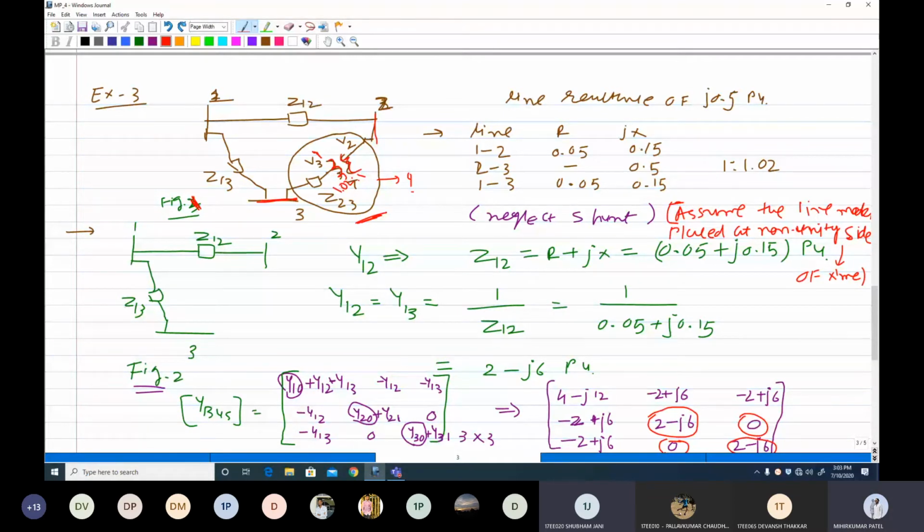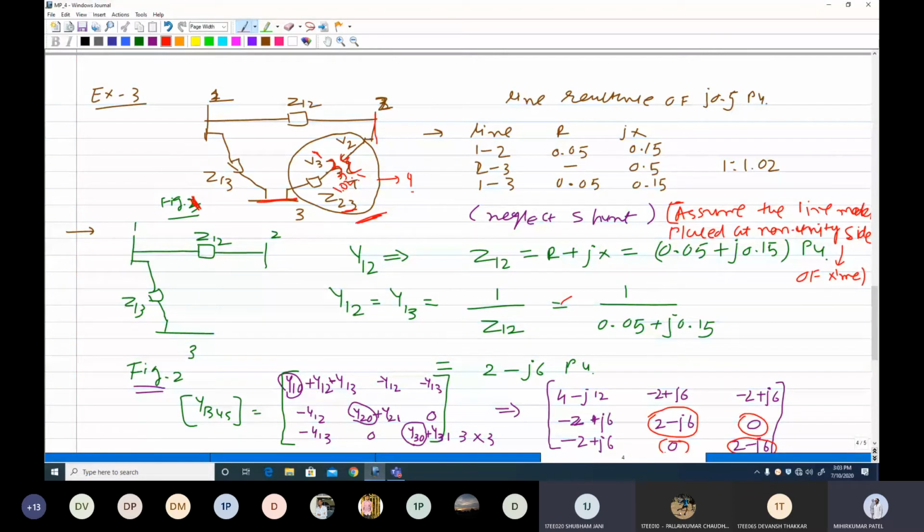Z23 and Z3. Here we are talking about this bus, this transmission line. So the admittance is Z3. So Z12 would be after the transformer. There is the pi model.